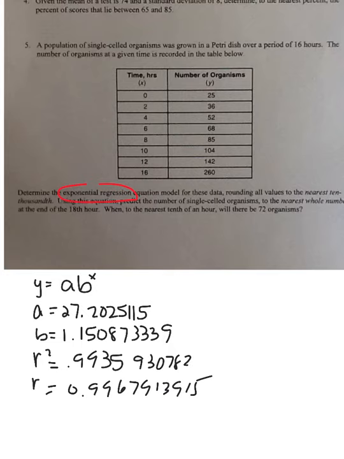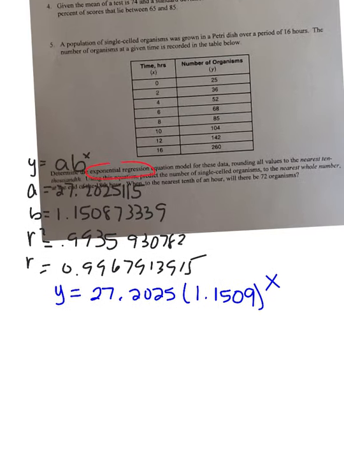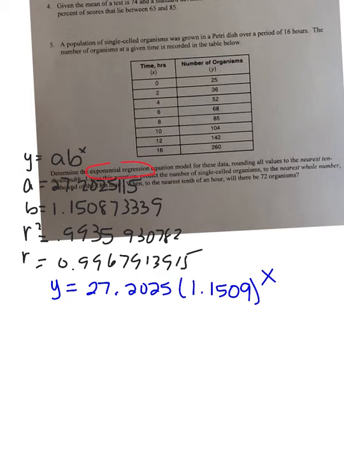All right, so now I'm going to plug in my values, rounding to the nearest 10,000ths. That's 4 decimal places. So y equals 27.2025 times 1.1509 to the x power. Next it says, use this equation to predict the number of organisms to the nearest whole number in the 18th hour.